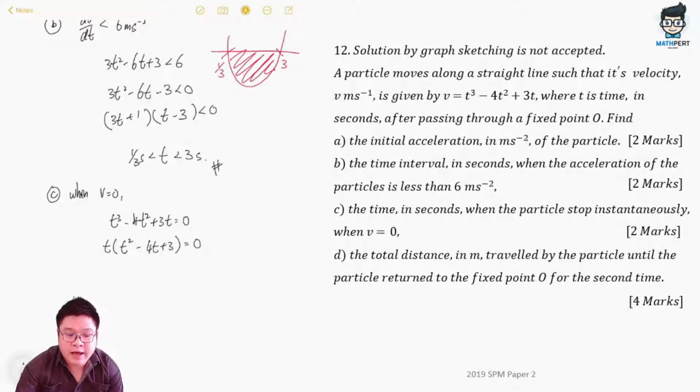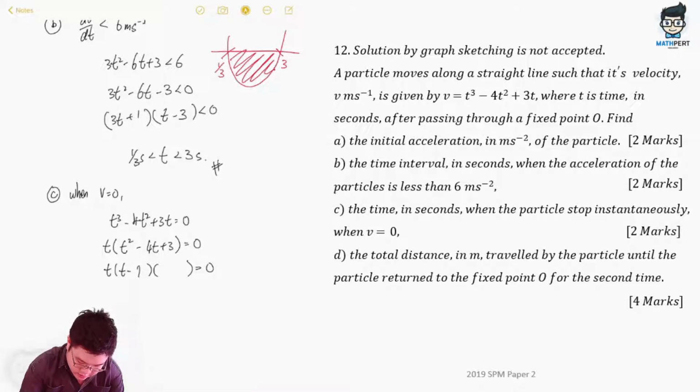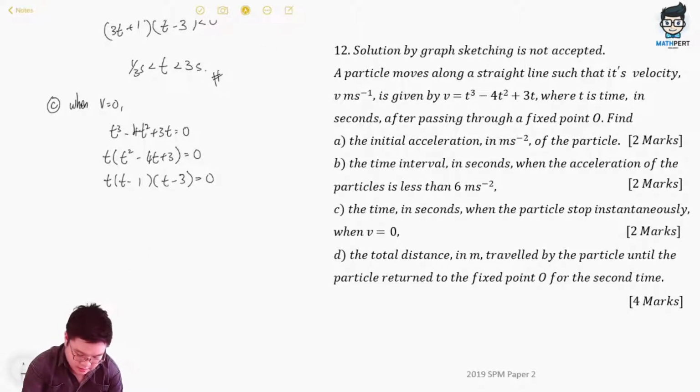And then we can factorize this. t equals 0, t minus 1, t minus 3. So therefore, I have 3 values for my t. So first one is t equals 0 seconds, or t equals 1 second, or t equals 3 seconds.